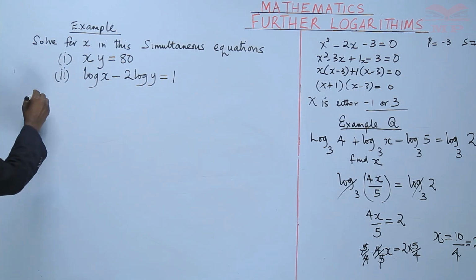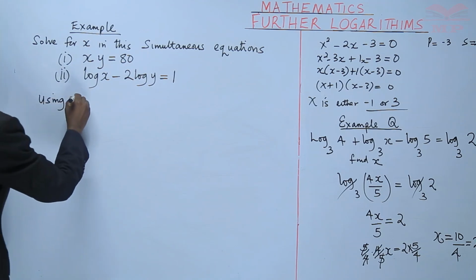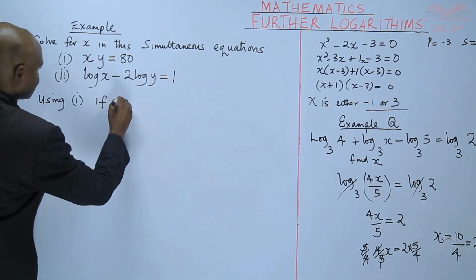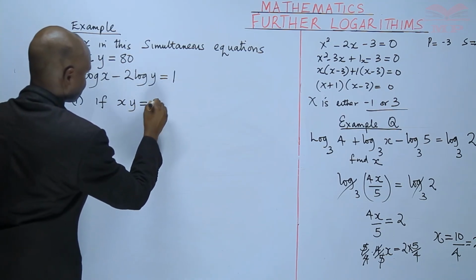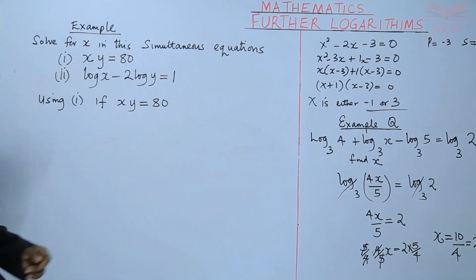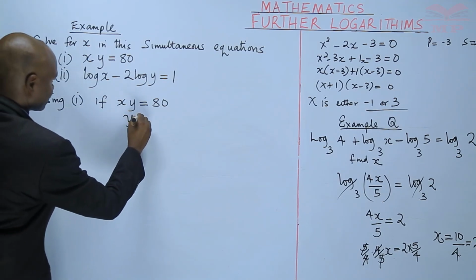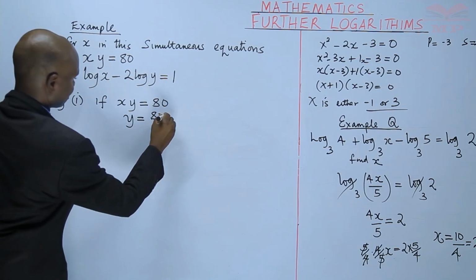So you can say, using equation 1, if xy is equal to 80, it means that y is equal to 80 divided by x.